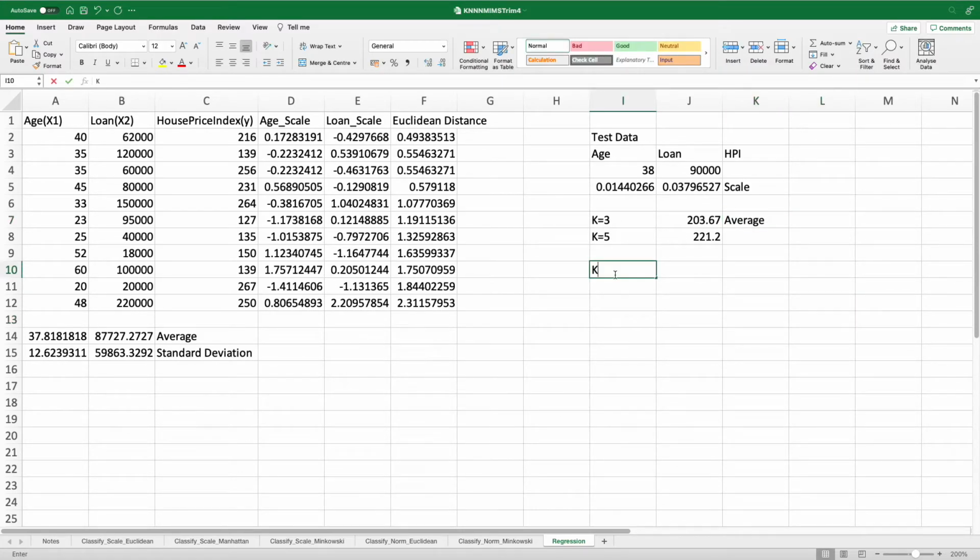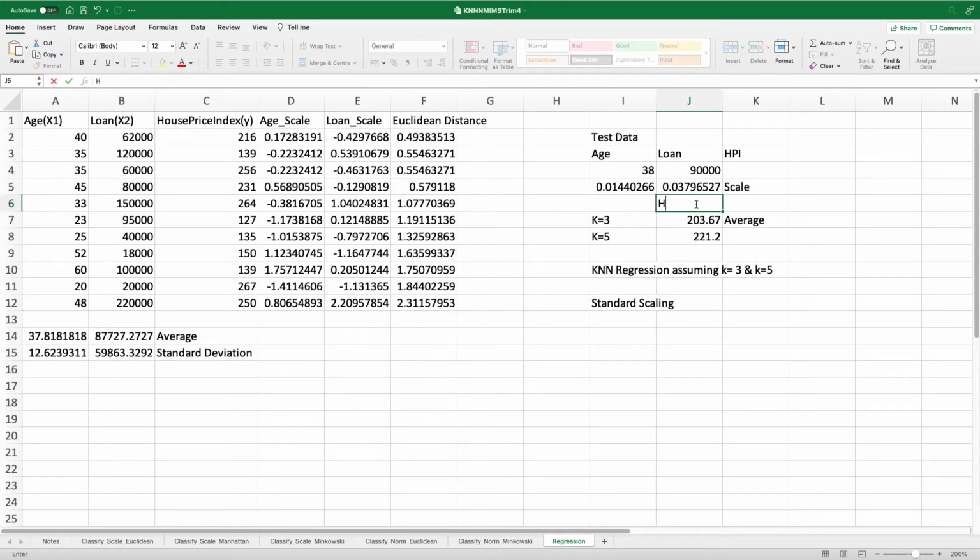This is K-NN regression, assuming k is equal to 3 and k is equal to 5. Standard scaling also we have implemented. So if k is equal to 3, k is equal to 5, this is the average house price index of the person.